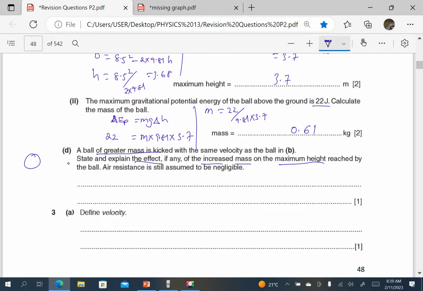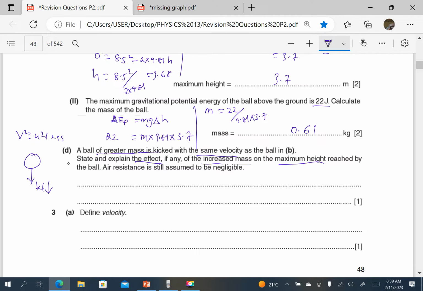So the ball is now of a larger mass, and it means the weight W downwards has increased. But the air resistance is still negligible. It is kicked with the same velocity v, and we notice that when you look at the formula v squared equals u squared plus 2as, there is no mass in it.